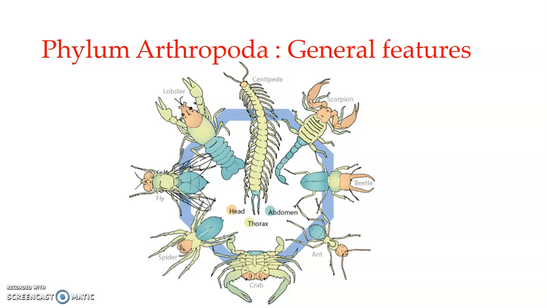Basically, all the arthropods have evolved from an ancestor which had 6 segments forming the head region, then 3 segments forming the thorax region, and 11 segments forming the abdominal region.